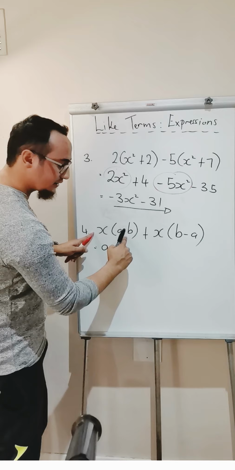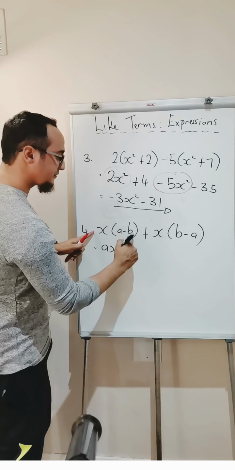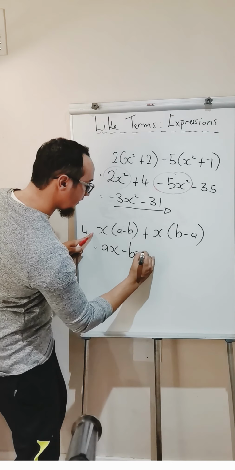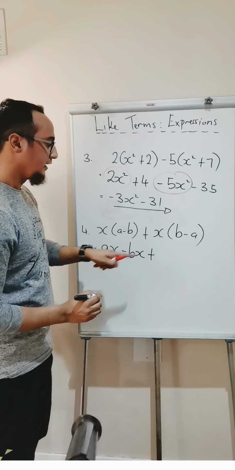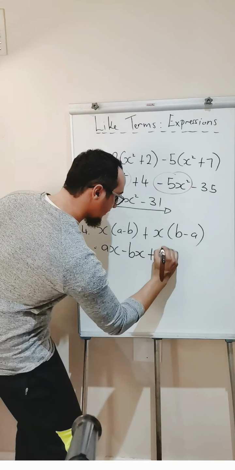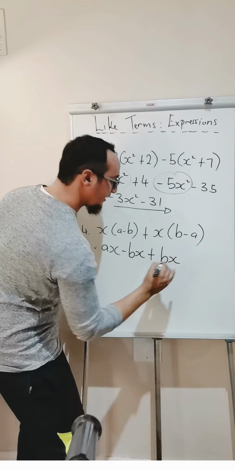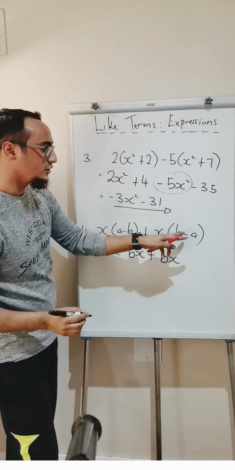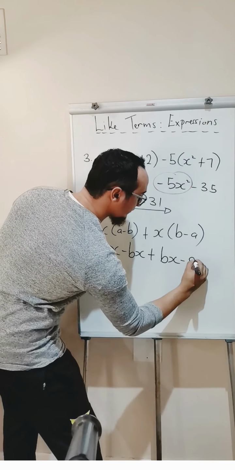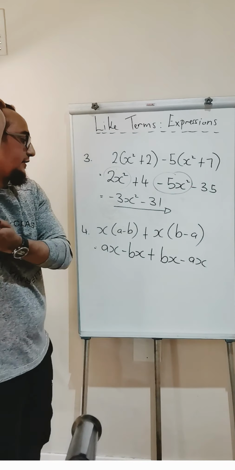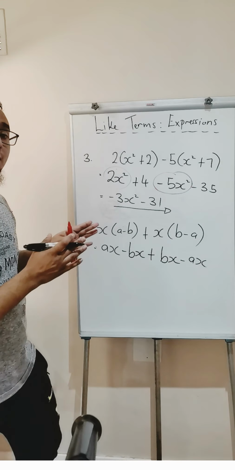Positive times a negative is a negative. X times B is BX plus. X times B is, remember, I write it in alphabetical order, and x multiplied by negative A is negative AX over there.